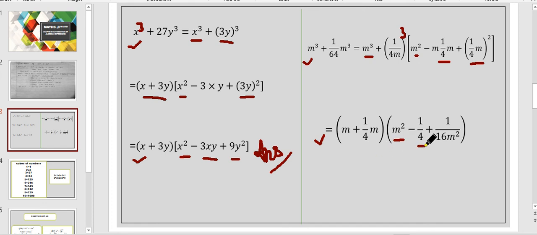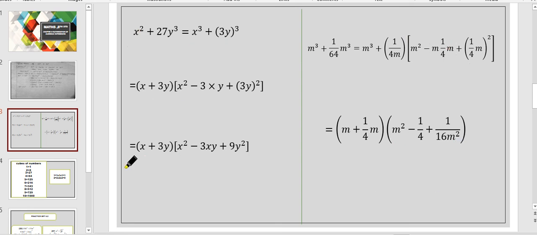Minus ab: the m will cancel with the m, so it will be 1 by 4, minus 1 by 4, plus sign you have to put, and 1 by 4 square is 1 by 16 m square. This will be your answer for this example, right? Understood? Till that I think it is clear for you.